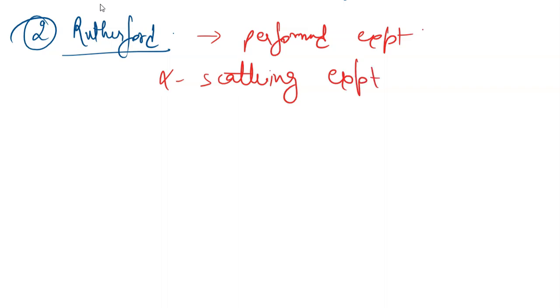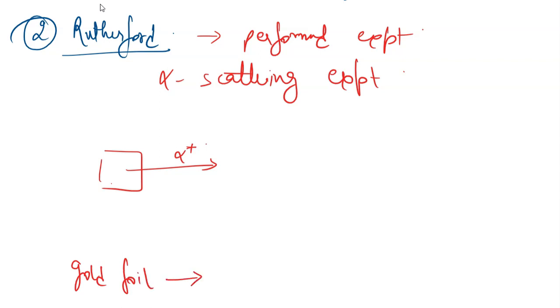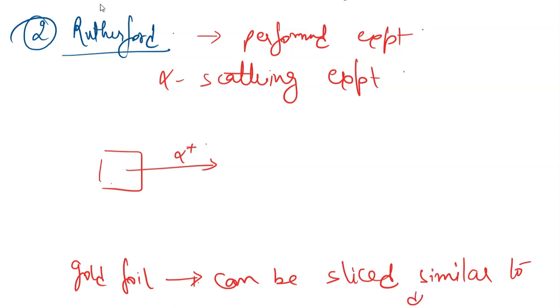So what did he do? He took a radioactive element and bombarded alpha rays, and we know alpha rays are positively charged radiations. He saw what happened when the alpha ray passed through gold foil. There was also a reason why gold foil was selected: it can be sliced to a thickness similar to the dimension of an atom.